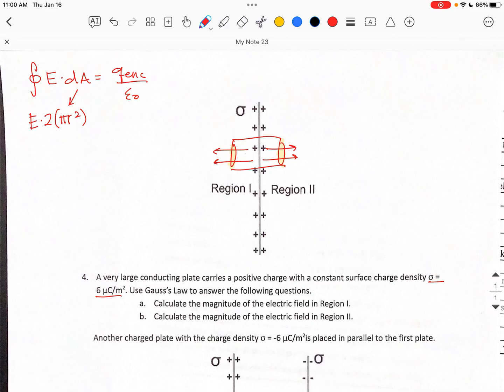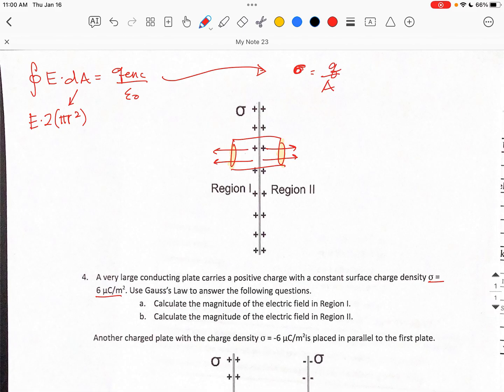Then we need to figure out our Q enclosed, so I like to do that work separately because that's occasionally a lot of work. Sigma is given to us as a numerical value, and that's an ugly sigma, but you know what I mean. And we have sigma equal to charge over area.